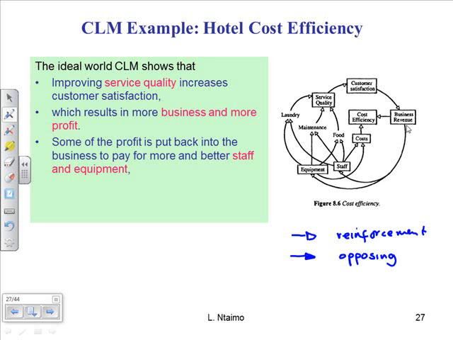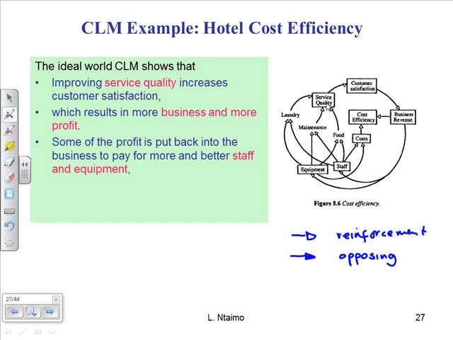For example, we can put it back to pay staff better or hire more staff, put it back in the equipment. But also because we have more money here, that money can be used to, in essence, help improve the cost efficiency. Cost efficiency has to do with you don't want to spend too much money on staff, but you want to still maintain a high level of service to your customers.